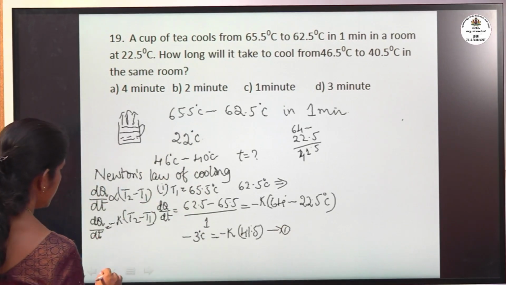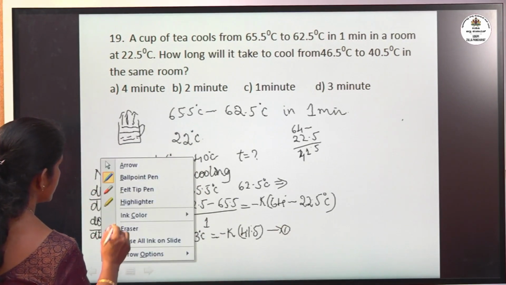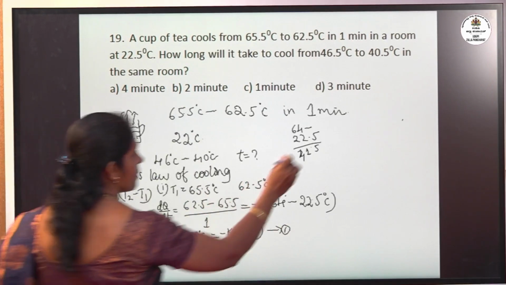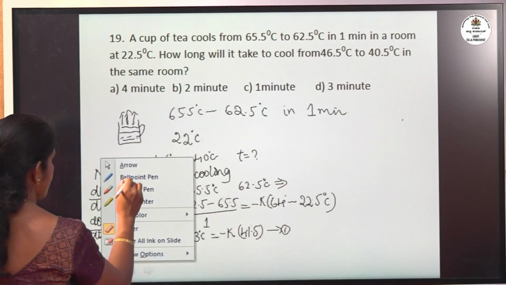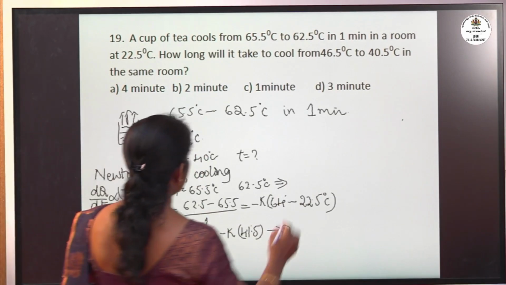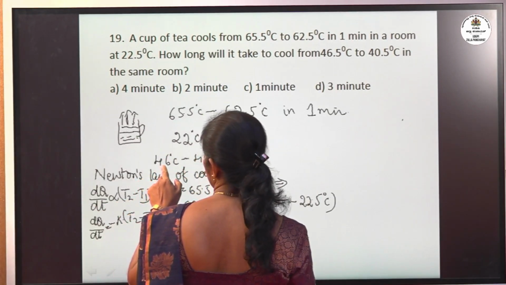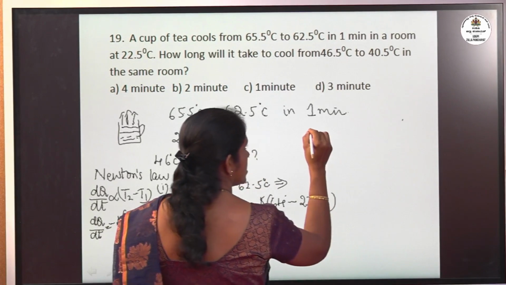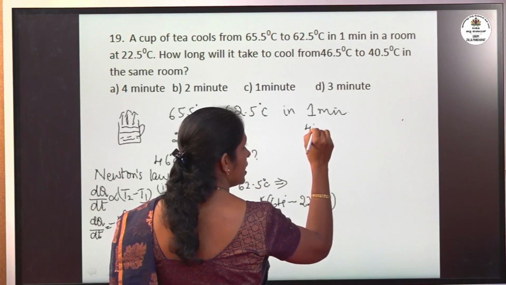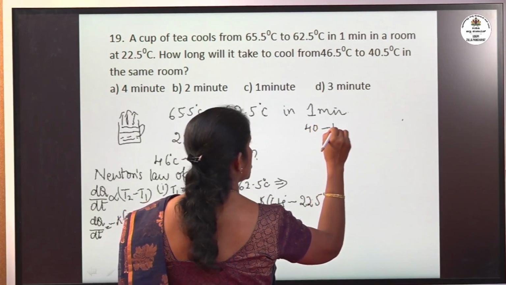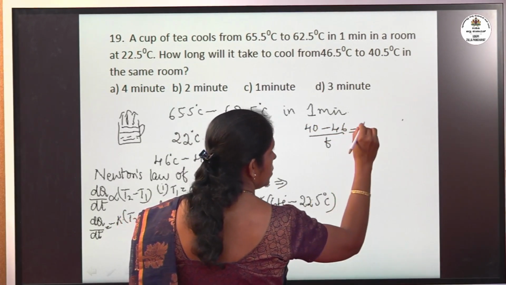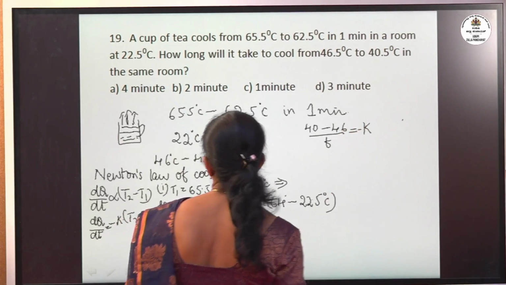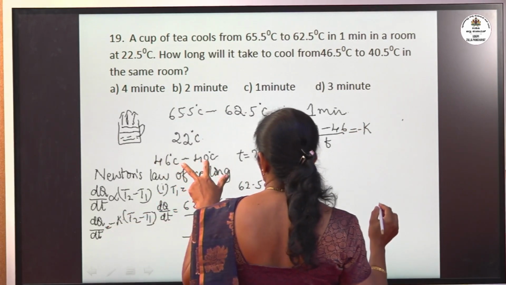Similar to the previous case, consider the second case. For the second case, temperature changes from 46 to 40 degrees Celsius. Rate of cooling is final temperature minus initial temperature divided by time taken, equal to minus k into the temperature of the system.